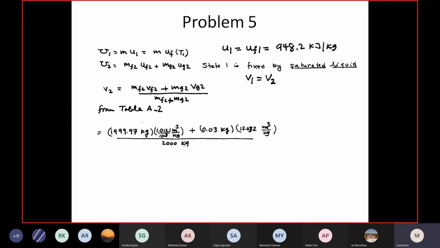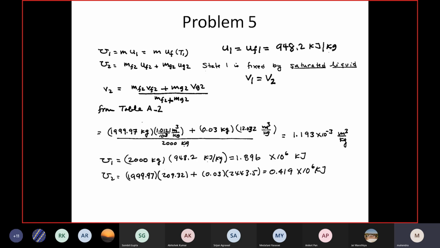So now we are using the A2 table and all these details. Vf2 values we are taking, and respectively we are calculating U2 and U1. U1 we know from the beginning, that is a 2000 kg mass in your container.